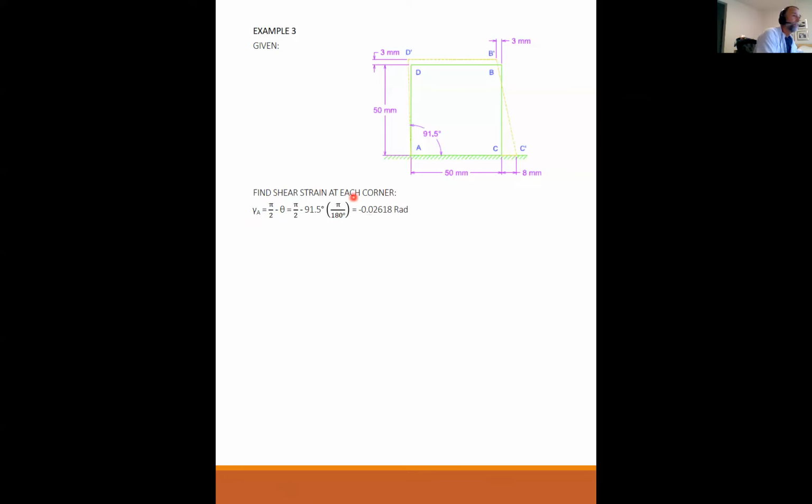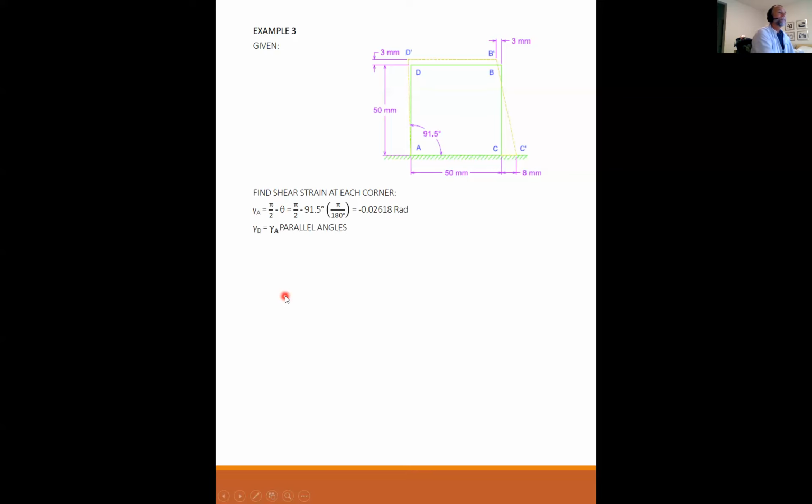Again, these are generally going to be very small numbers, so you have to report them out to 5 or 6 significant digits. And it is negative because this corner, actually the whole block, is being shoved to the left. So that makes sense that this would end up being a negative value.